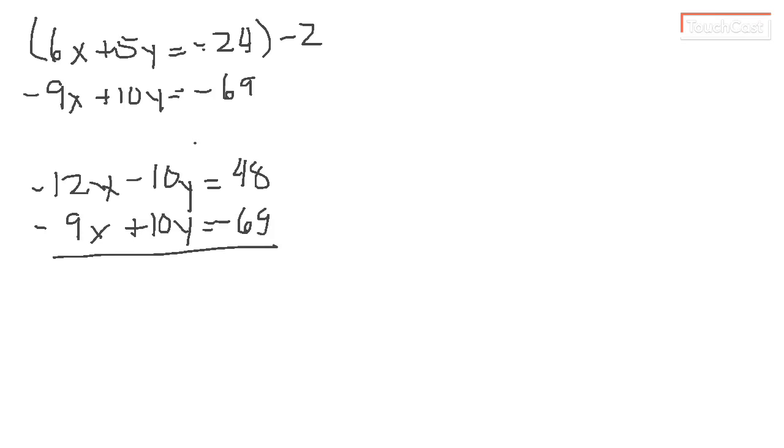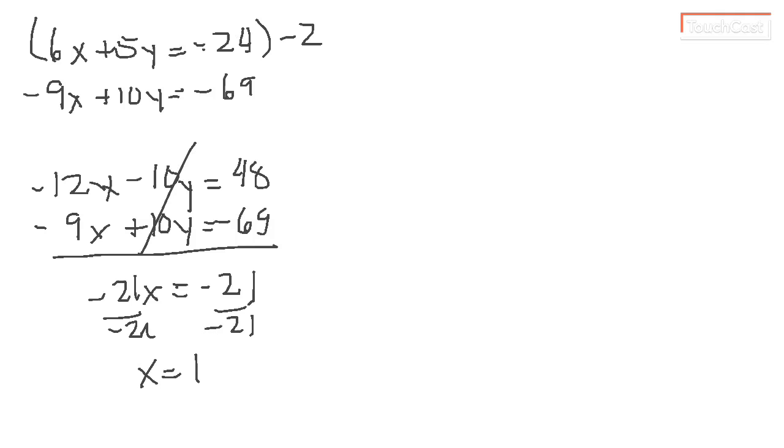And then we can add these. Our y will cancel out. We'll end up with negative 21x equals negative 21. So if we divide by negative 21, we're going to get x equals 1. Well, there we go. Now we're going to take that and put it into one of the equations we had from above. I'm going to use the second one actually.